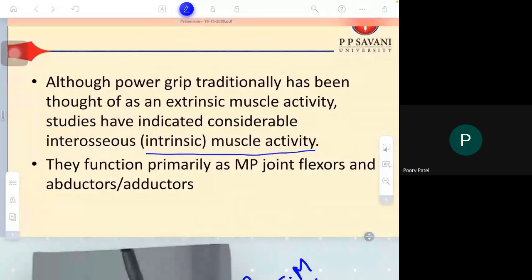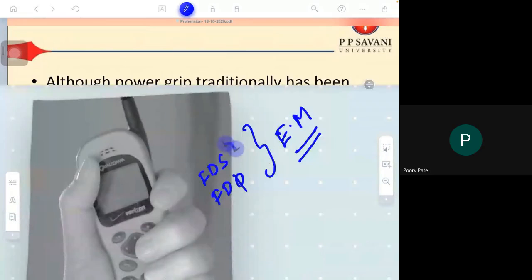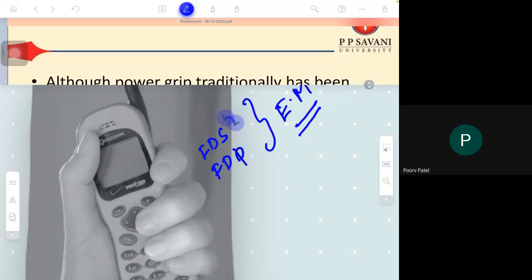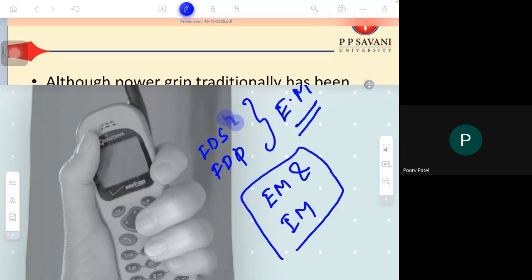So what does it mean? Both in this cylindrical grip, both extrinsic muscle and intrinsic muscle function is required. That is the meaning of this point.